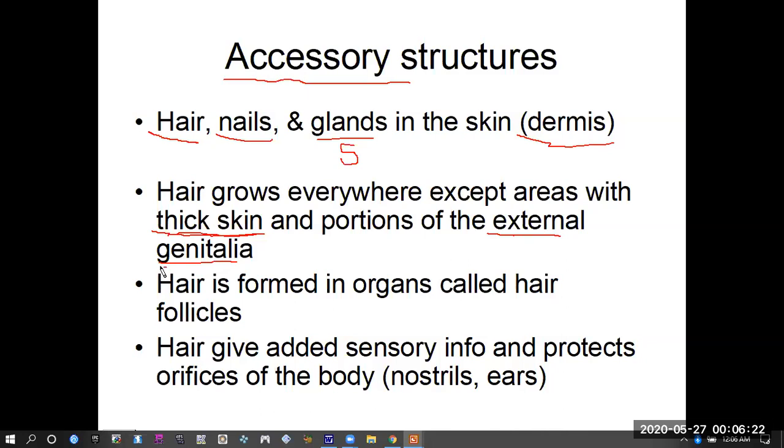Now hair itself forms in these organs known as a hair follicle. And hair follicles, of course, have their genetic traits. There are different shapes of follicles leading to different textures of hair. The pigmentation is what leads to different colors of hair.